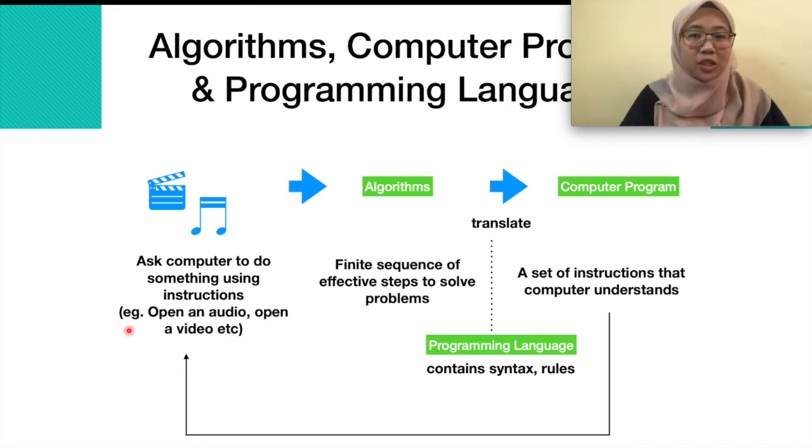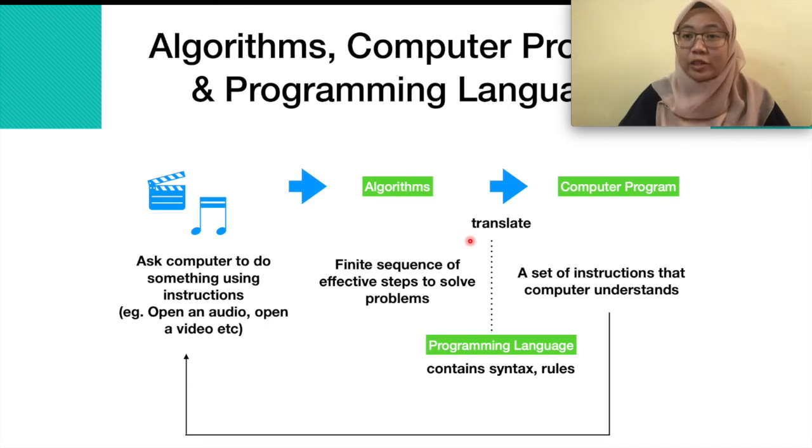Because remember, a computer is a machine, so it has to work in very clear steps, in sequence. So first, as a programmer, I write the algorithm. I write number one, as a computer, you have to do this. Number two, you have to do that. Once I have determined the steps that the computer has to take, this is not yet in a language that a computer can understand.